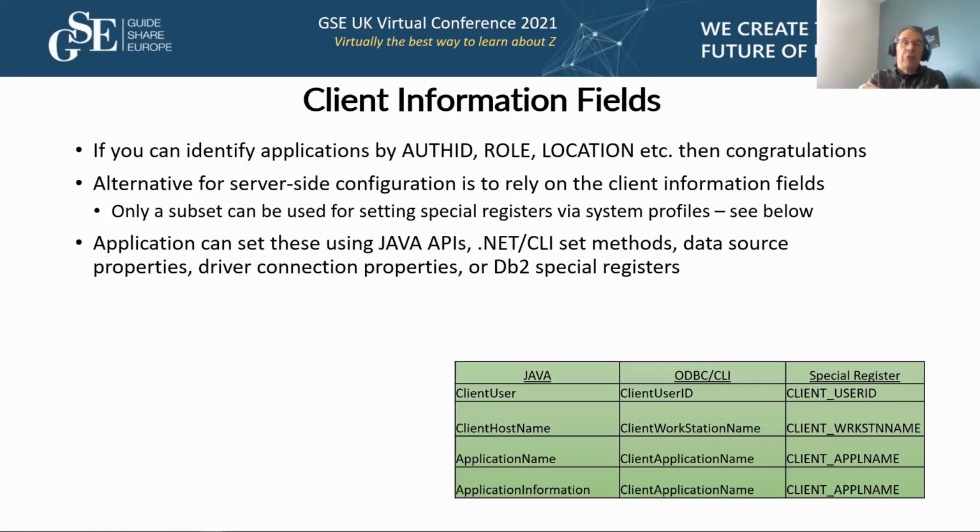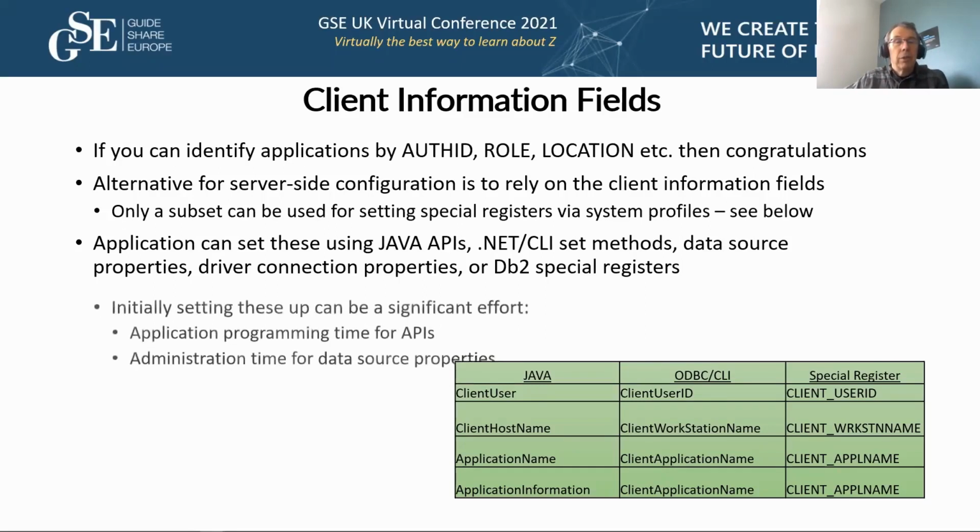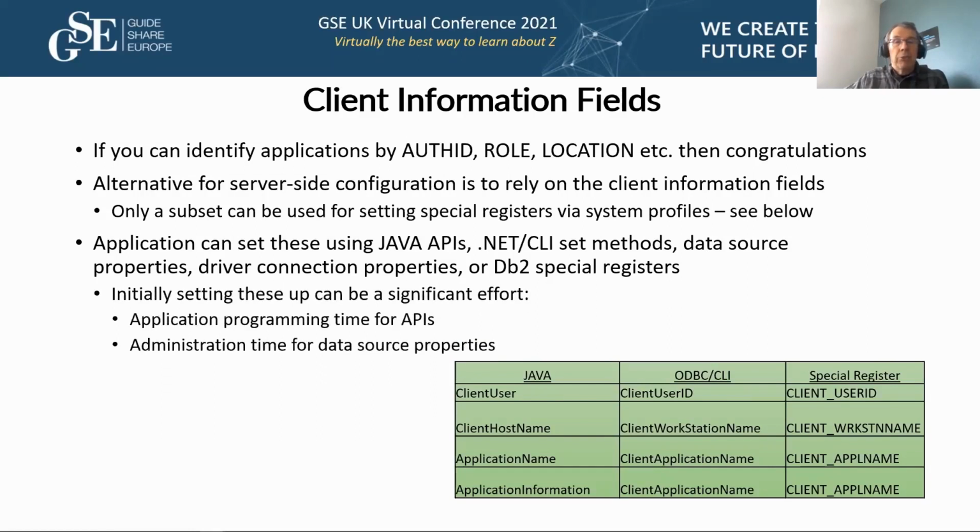Now, obviously, setting those through the application is not attractive. So it's much better to set those through data source properties and through driver connection properties. So again, you've got a bit of a problem here because it requires you to do some work at the client end.